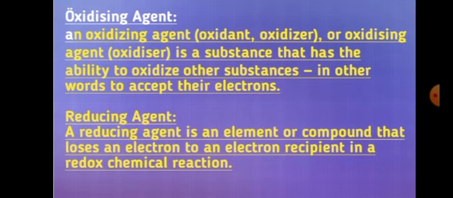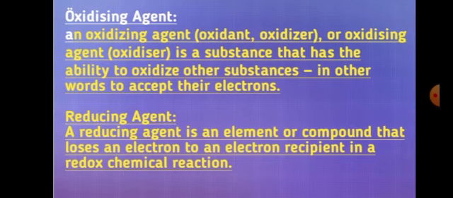So basically your oxidizing agent, it is an oxidizing agent or an oxidant or an oxidizer. It is a substance that helps to oxidize the other substance in order to accept the electrons.